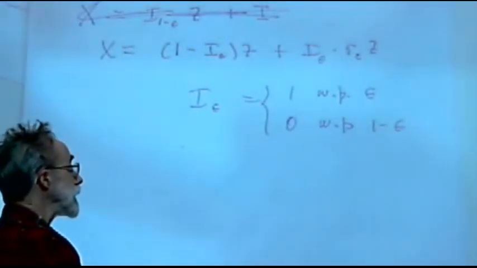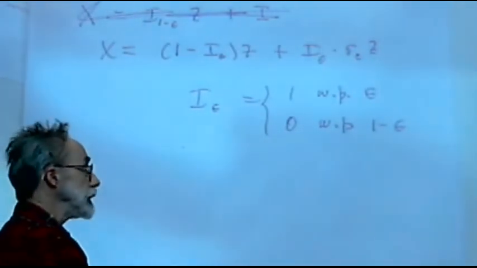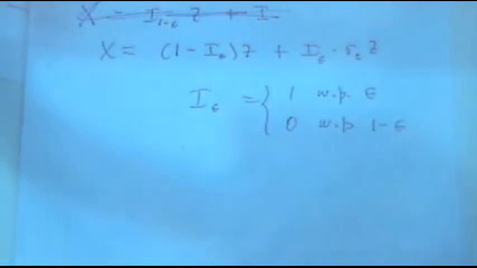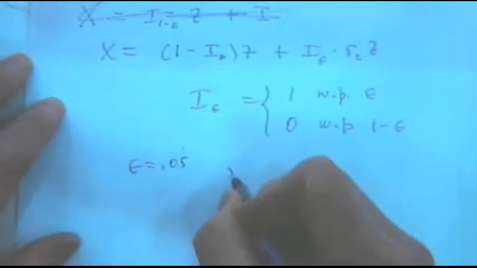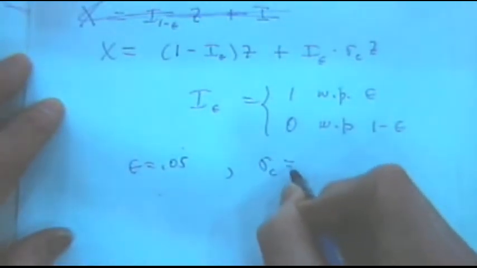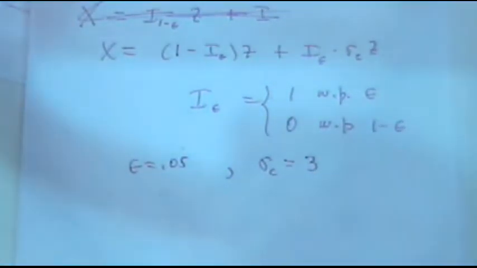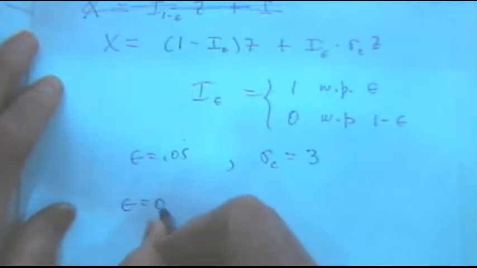And 5% of the time, it's coming from a standard normal, but it's hit by sigma sub c, which is contaminated. In the table I'm going to show you, sigma c is only 3. Now if epsilon is 0, then it's just standard normal.